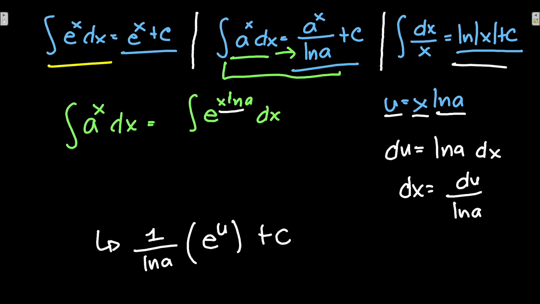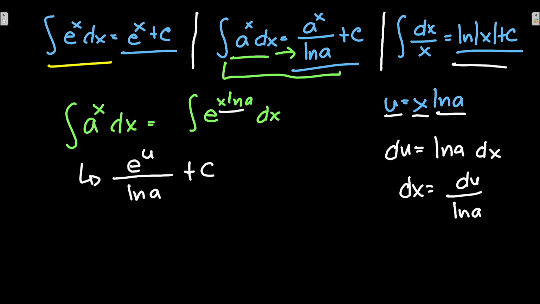So multiplying this, it would be e to the power of u over ln of a plus c. Now we can put u back into its original form, which is x ln of a.